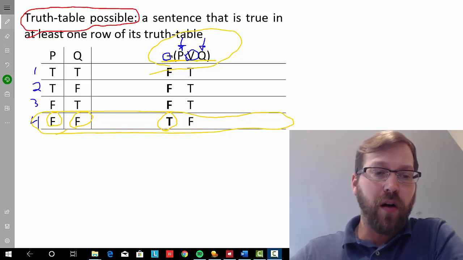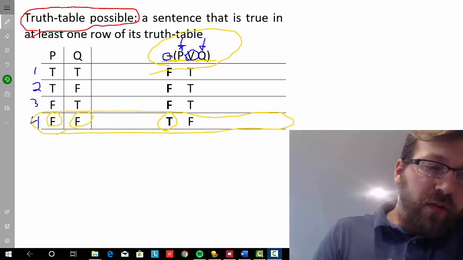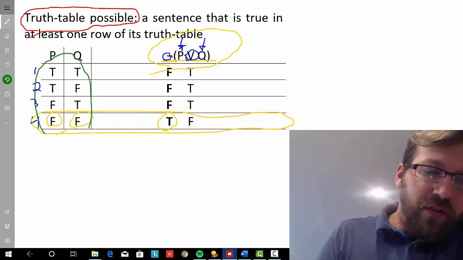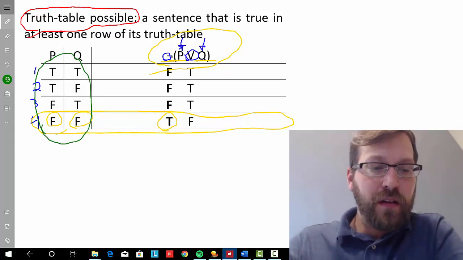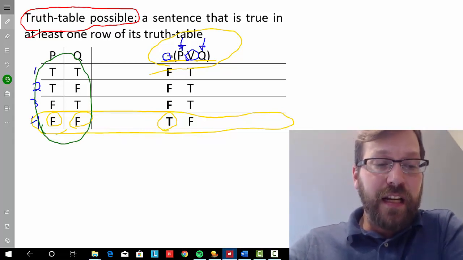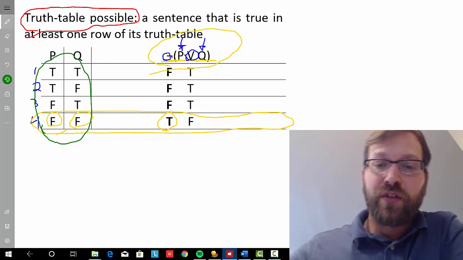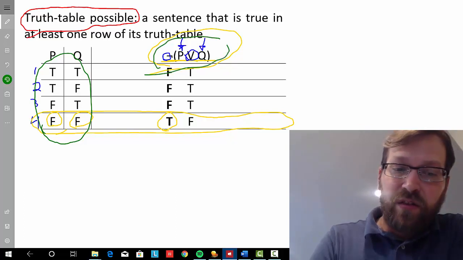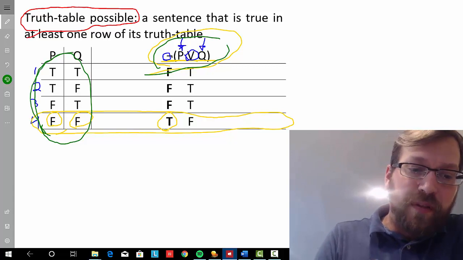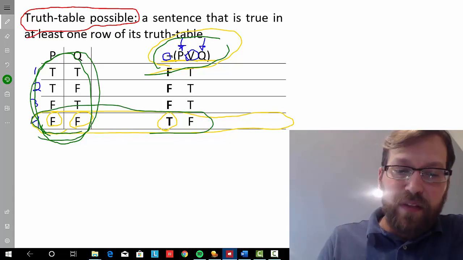And why call it truth table possible? Well, here's all of our possibilities as far as our truth table is concerned. And there is a situation in which our sentence turns out to be true in our possibilities. Again, namely this one.